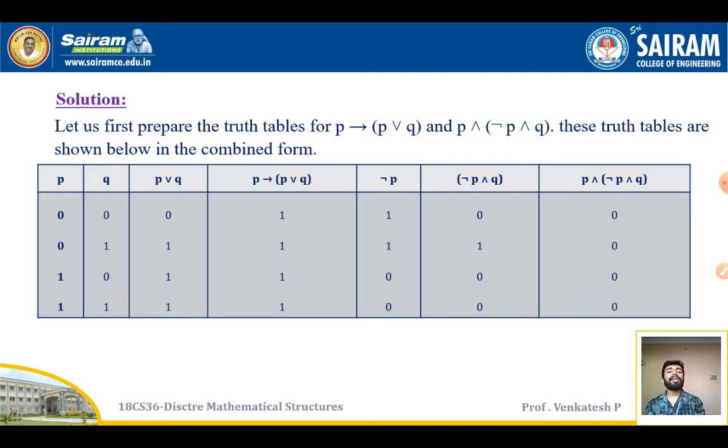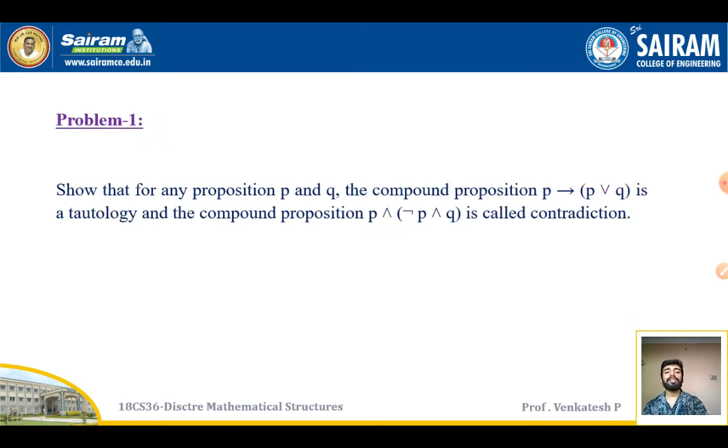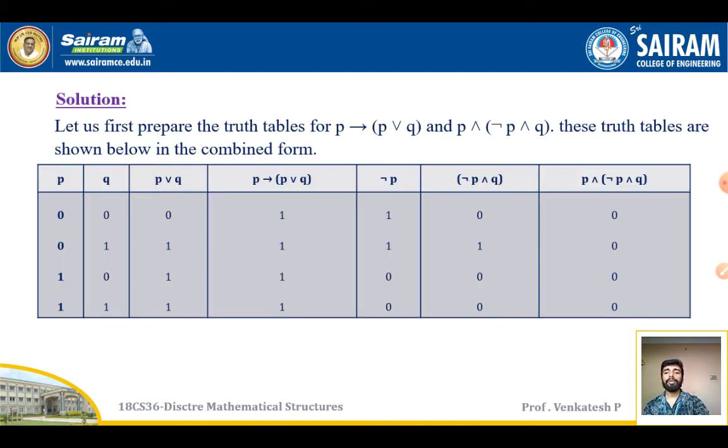Now I'm going to apply the AND operation in between negation P as well as Q. So 1 and 0 is 0, 1 and 1 becomes 1, 0 and 0 becomes 0, and 0 and 1 becomes 0.